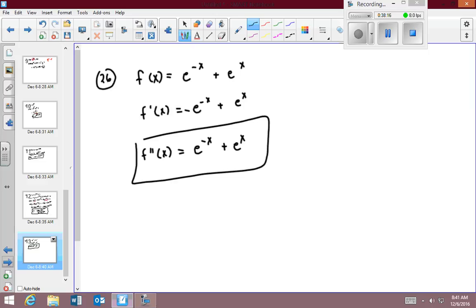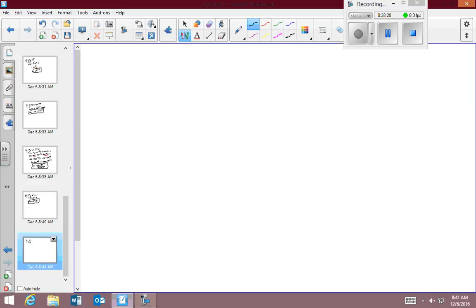Next problems. It says find and interpret each derivative. Okay. 28. Says f of x equals negative 0.06e to the 2x plus 5.